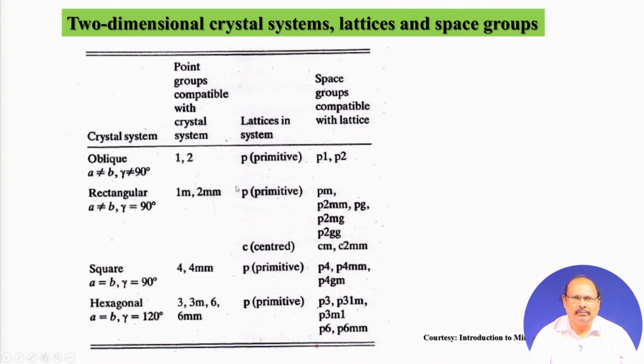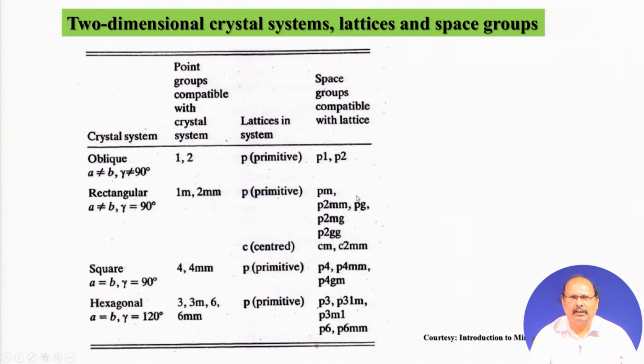And if you have the primitive type of lattice here, then P will be combined with M. So, you have a two dimensional space group which is P M, and you also have P combined with, say for example, primitive lattice combined with 2 mm. So, you can also have P 2 mm, and you can also have a simple glide plane that can be combined with the primitive lattice here.